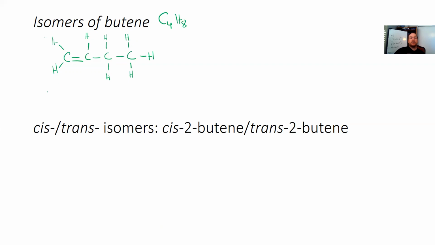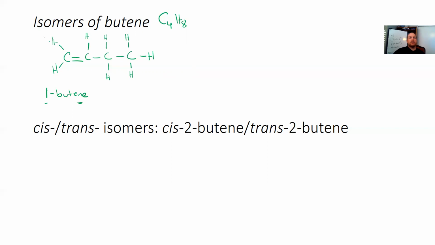Okay, this one right here will be 1-butene, where the 1 specifies where the double bond is, and the -ene specifies that you have the double bond, okay?